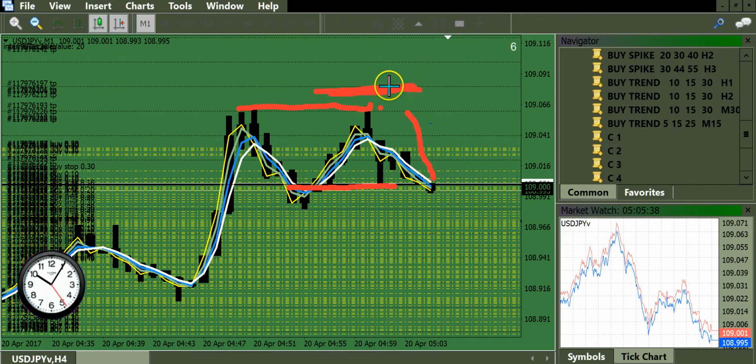So you can see the spread is under a pip. Did not get stopped out. Just trade really big. That's always going to be the answer, right? Bigly. Trade bigly.